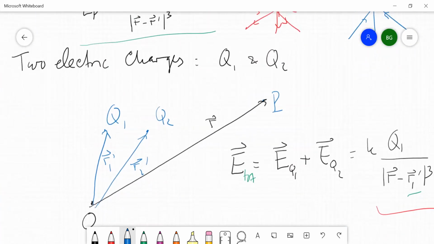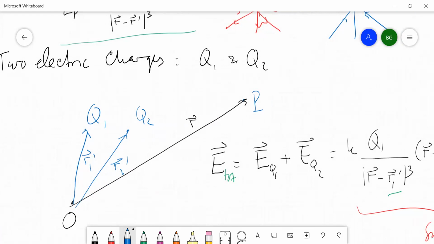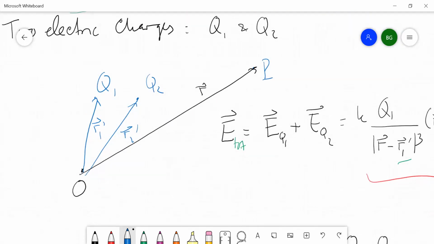So, what if there are two charges? This capital Q1 and capital Q2, and this is the origin. The distance between the origin and Q1 is R1 prime, and the distance between the origin and Q2 is R2 prime. And the field coordinate is the R vector.